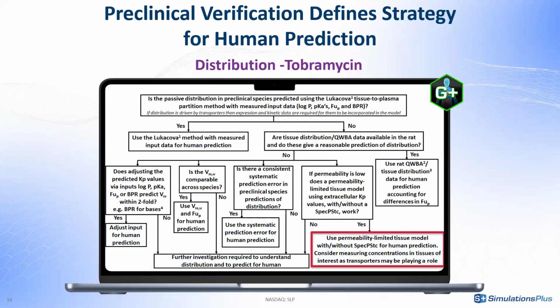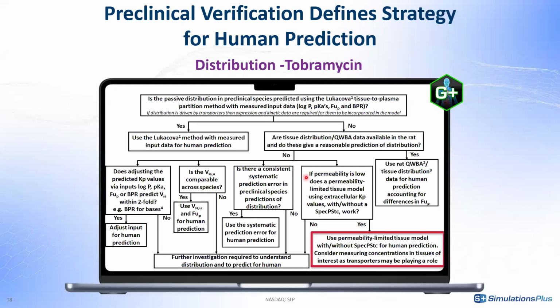So once we are happy with our model for distribution in the preclinical species, we can return to the flowchart to determine where we've landed and what our strategy should therefore be for human. In this case, we couldn't use the Lukacova tissue-to-plasma partition method with our measured input data because we over-predicted the passive distribution. So we came down the right-hand side of this flow diagram. We didn't have QWBA data.